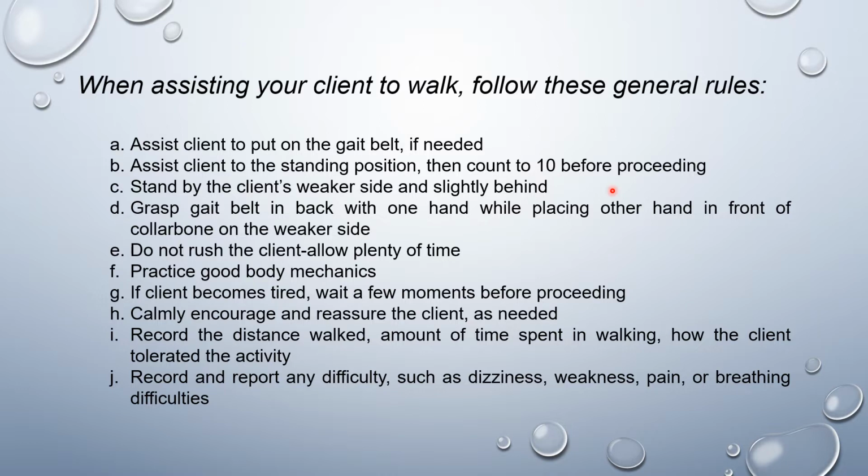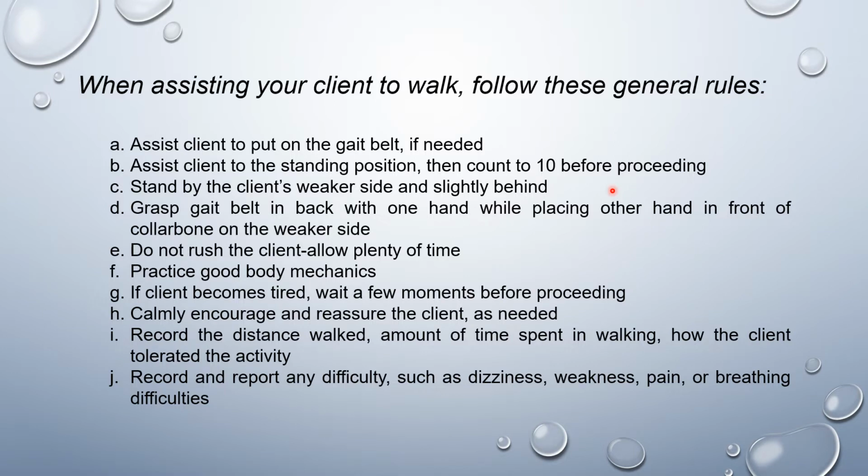Okay, remember, what we did in our demonstration is you are facing your client. But when it comes to walking side by side, it is stated that you have to be slightly behind the client.